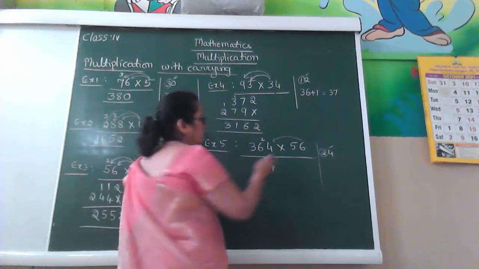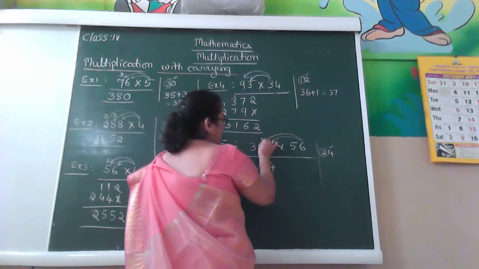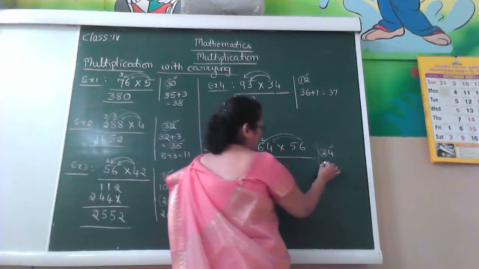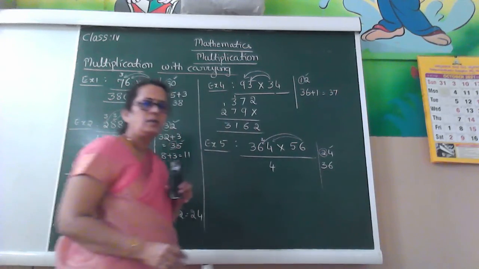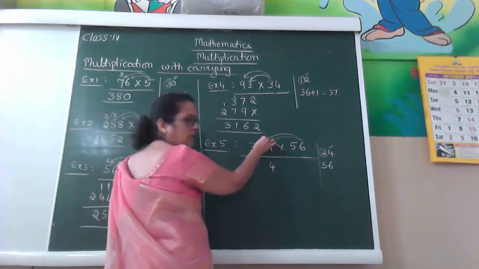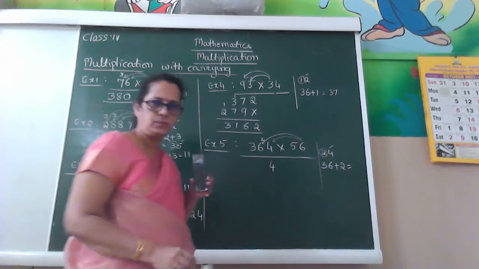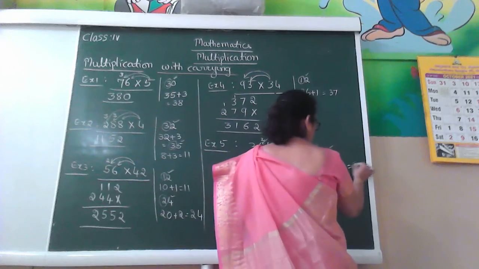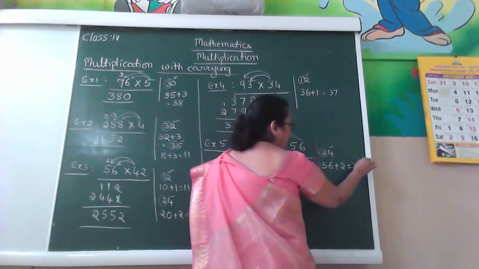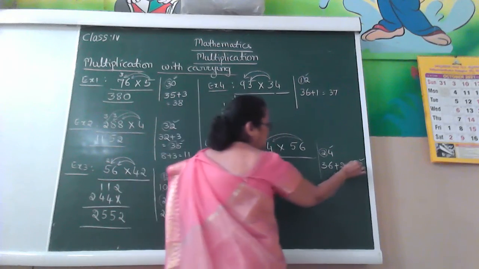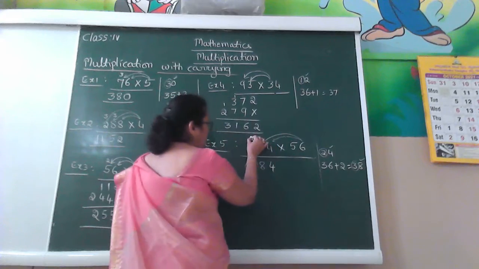Okay, now 6 6s are 36. So how much carry was given here? It is 2. So 36 plus 2 is 38. Now write this 8 here and give 3 as carry above 3.